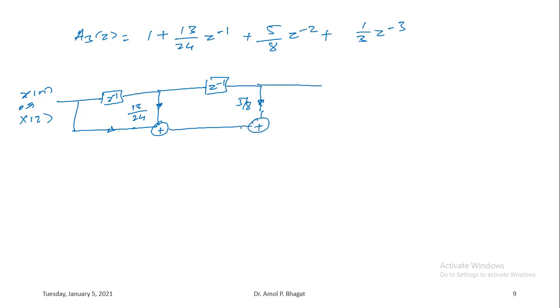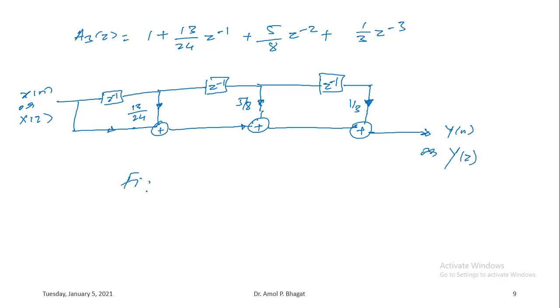Again another delay element will be required for the last term, so again 1 by 3, this adder will be there, and the output will be y of n or y of z. This is nothing but the direct form realization.